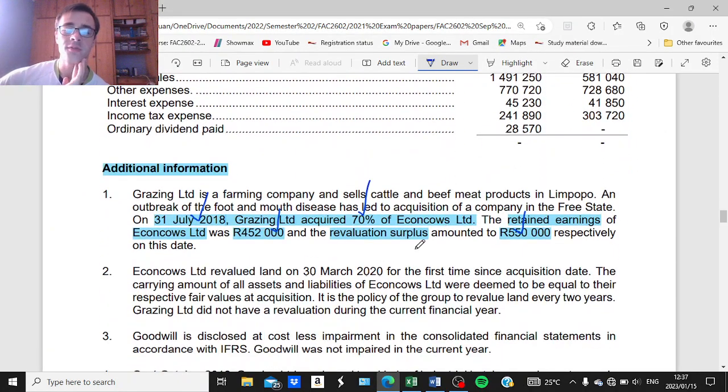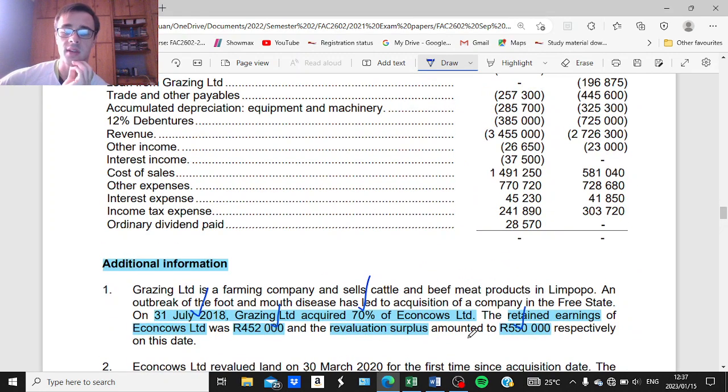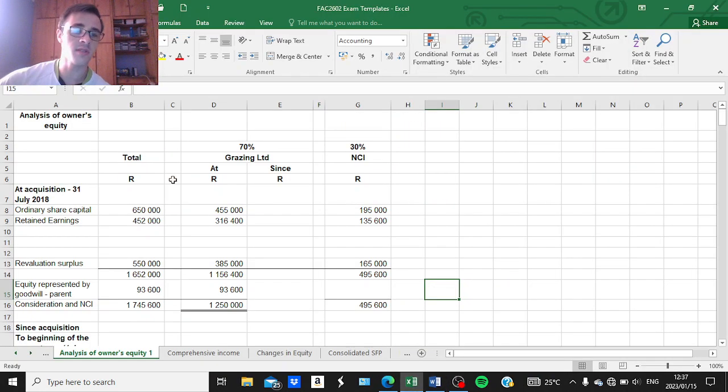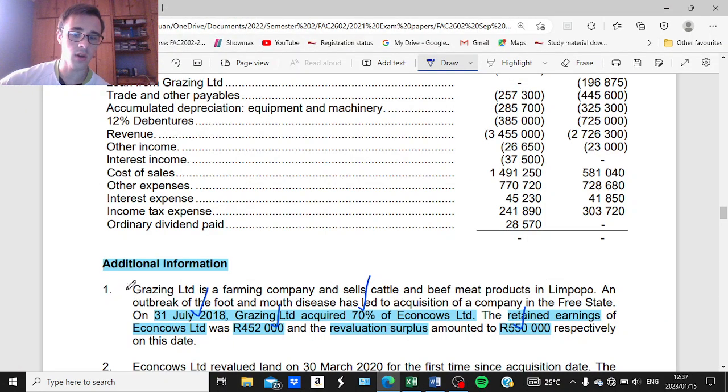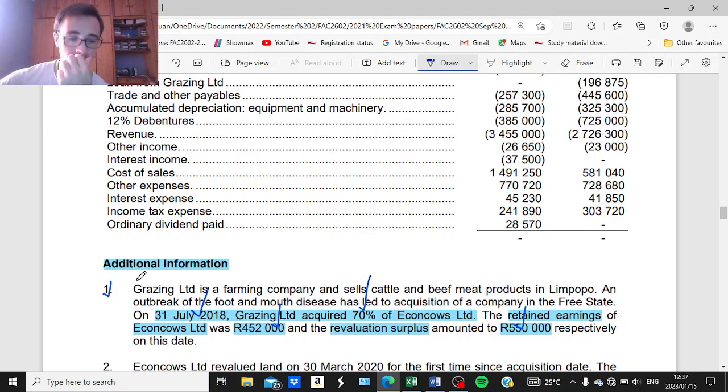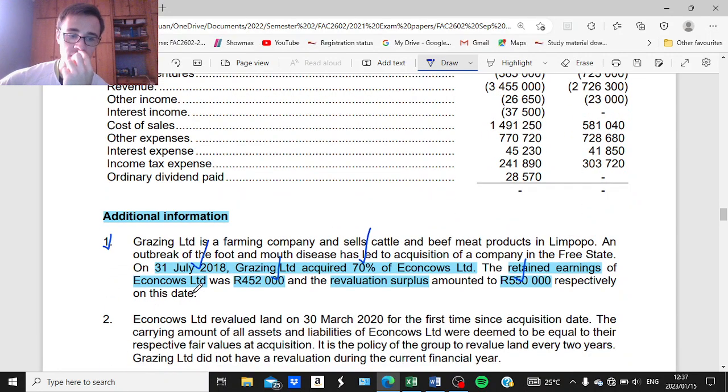Okay, so we have entered the equity balances at acquisition in the analysis of owner's equity calculation. We have determined our date of acquisition as well as the percentage interest of the parent in the subsidiary's ordinary equity. All right, nothing further that we can do from additional information point 1.